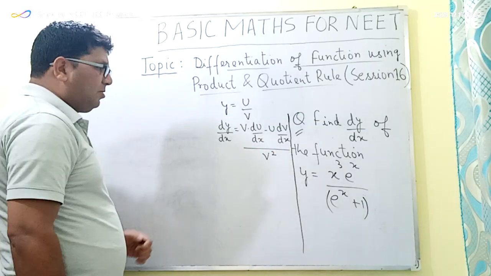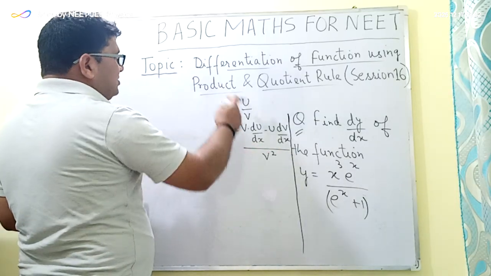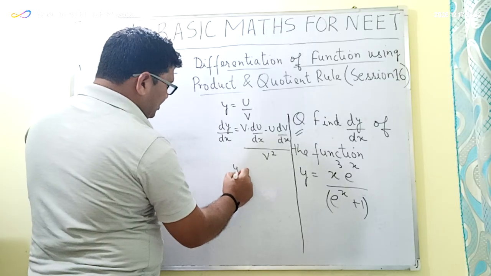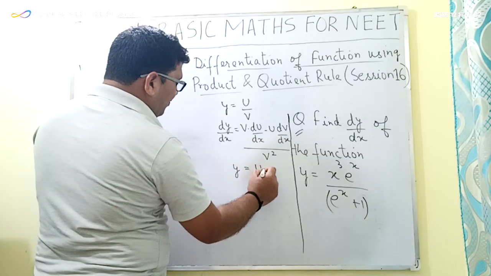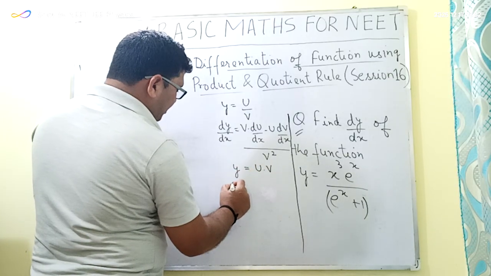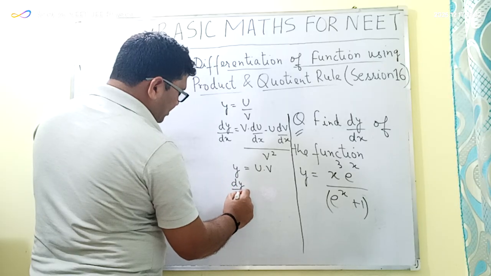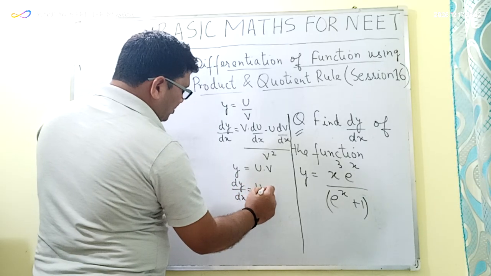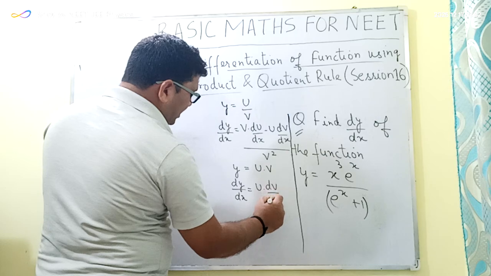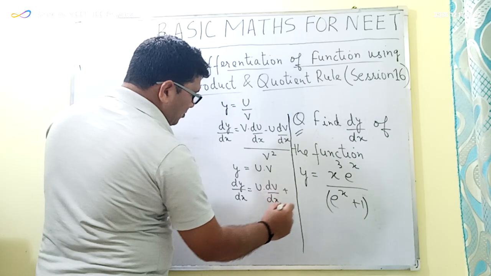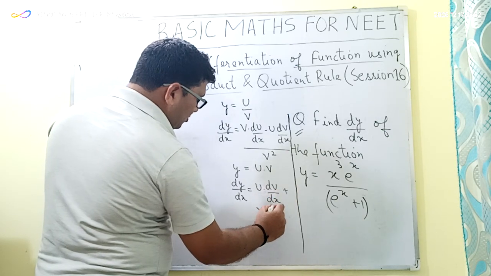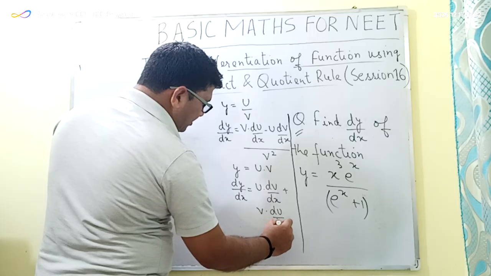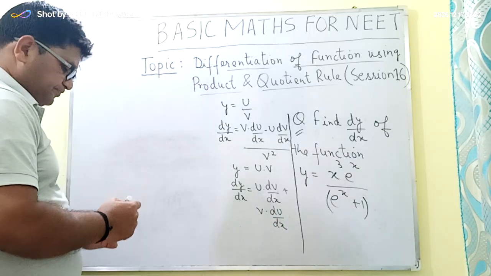I will also be using the product rule, which is: if y is equal to u into v, then dy upon dx is equal to u into dv upon dx plus v into du upon dx.